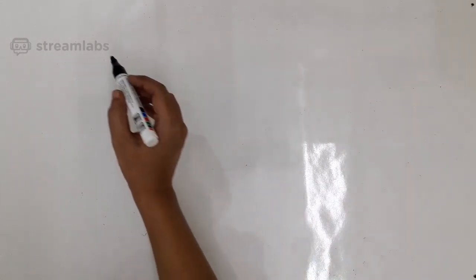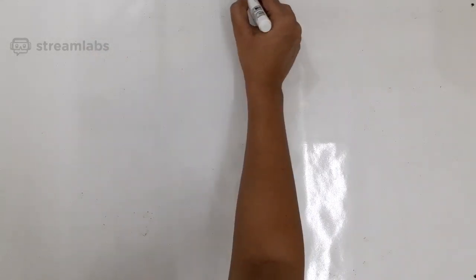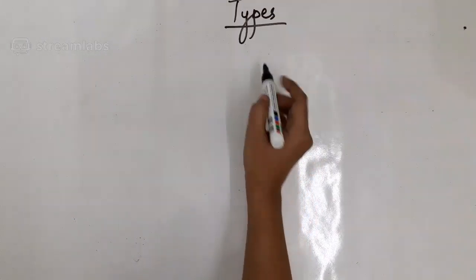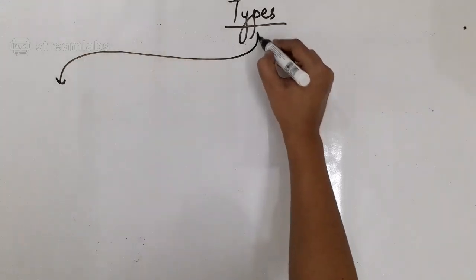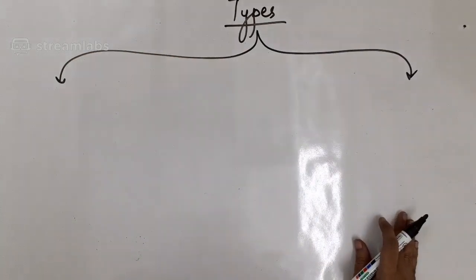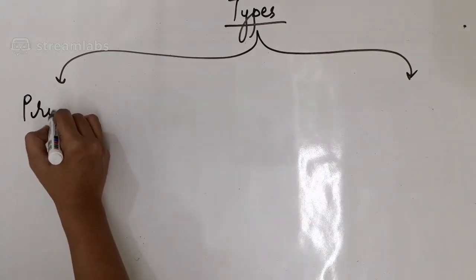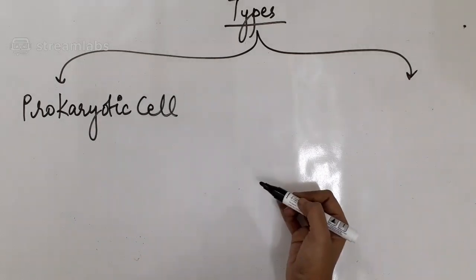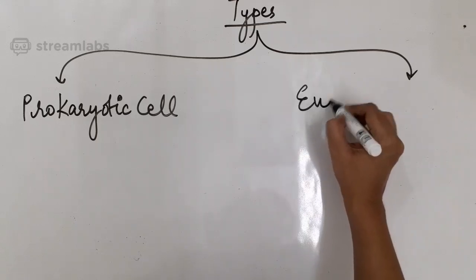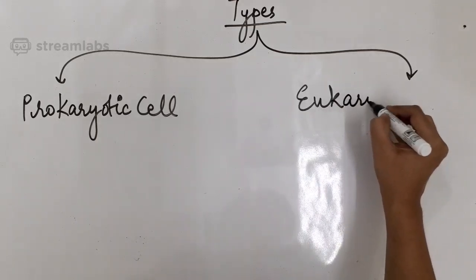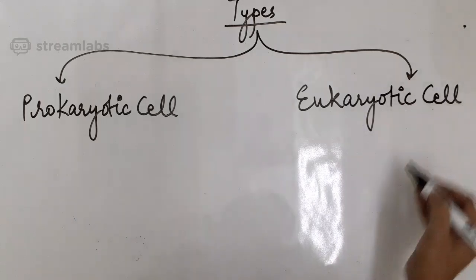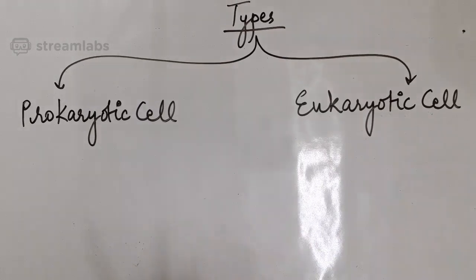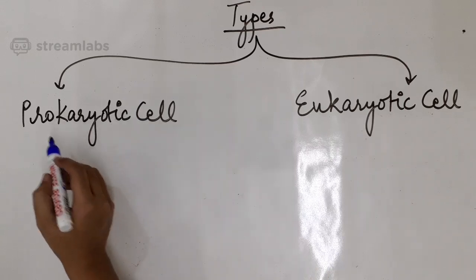Before that, you should know that cells are of two types. One is known as the primitive or prokaryotic cell. The other one is known as the true nucleus or the eukaryotic cell. Prokaryotic and eukaryotic are the two types of cells found in the living surroundings.